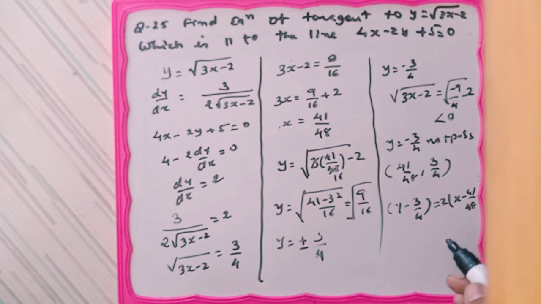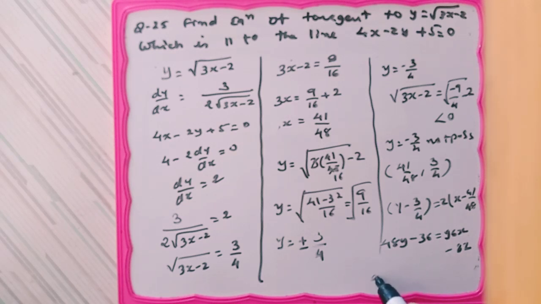Taking LCM 48, we multiply: 48y, 12 times 3 is 36, 48 times 2 is 96x, and here 41 times 2 is 82.